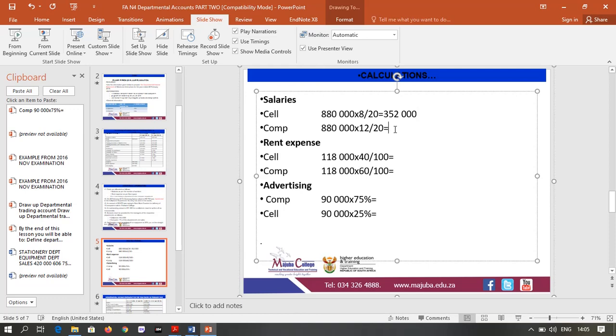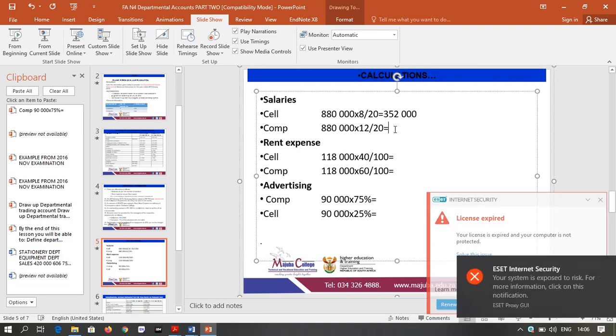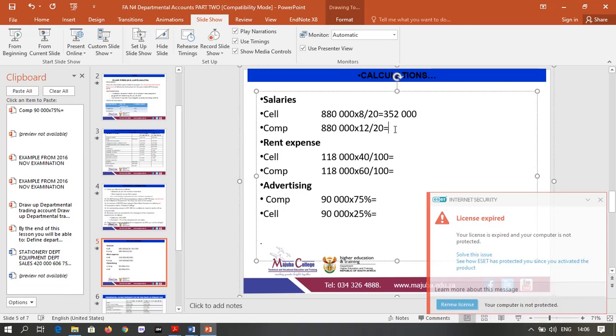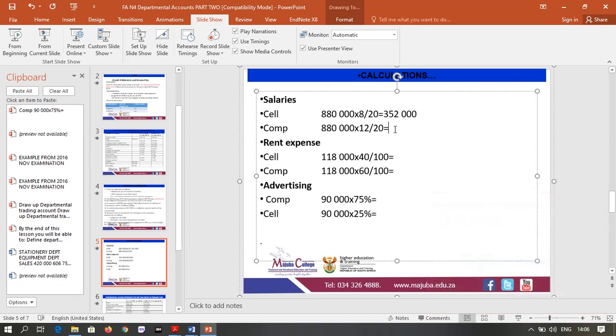For the computer department, you do the same. Take 880,000, the lump sum amount, and multiply it by 12/20, the sum of the two being 20. Then you get 528,000.